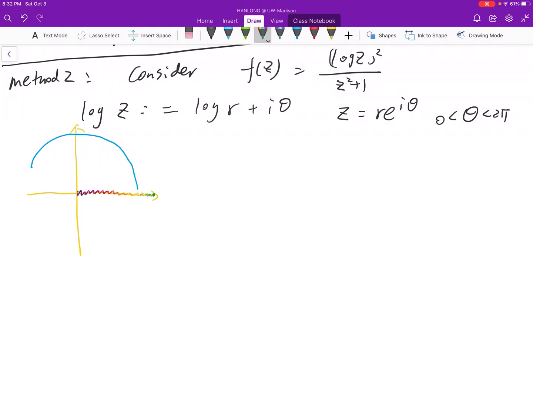And for the contour, as usual, first we have two poles, i and negative i, and then we need to avoid the origin because it's not holomorphic. Okay, so we come up with the following contour. I will describe it more precisely when we write down the integral.